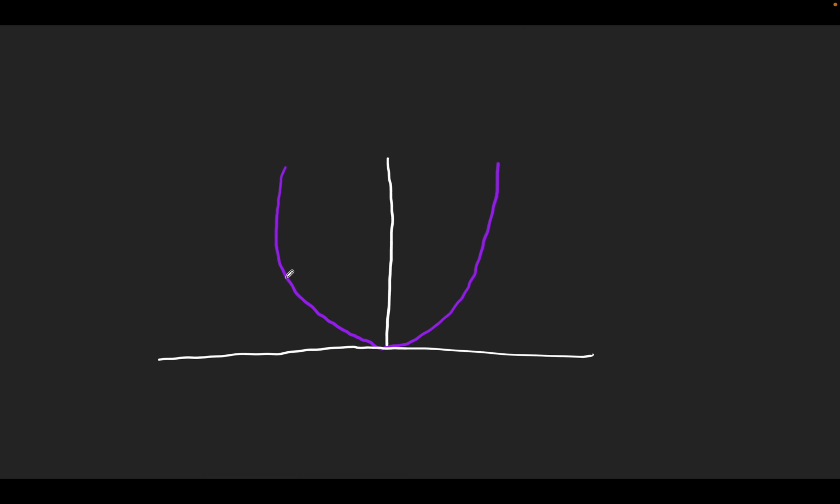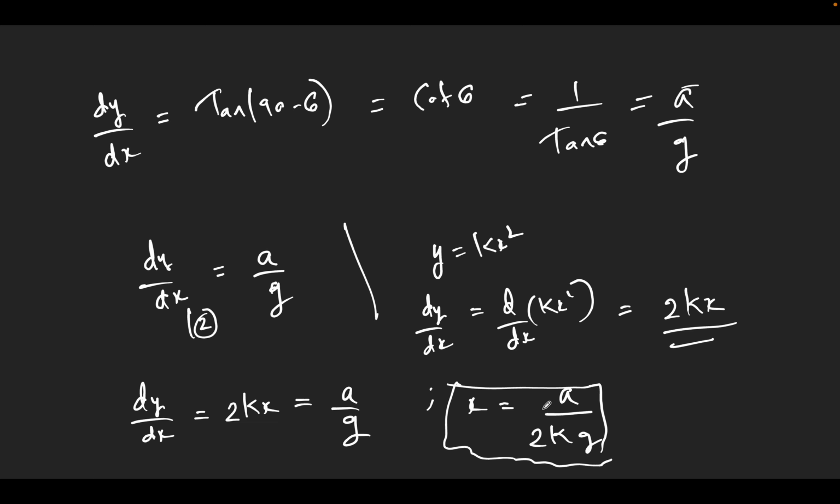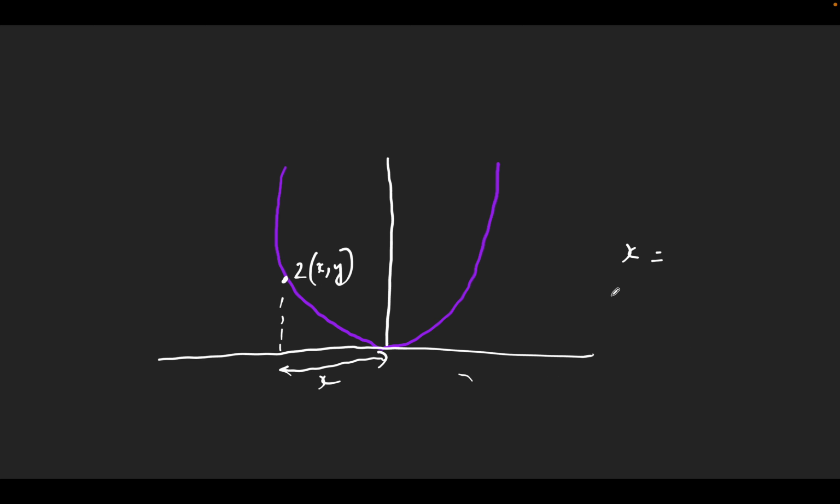This is point 2, which has x comma y as the coordinates. This distance is x, and it is obtained as how much? x equal to a by 2kg, look here, a by 2kg.